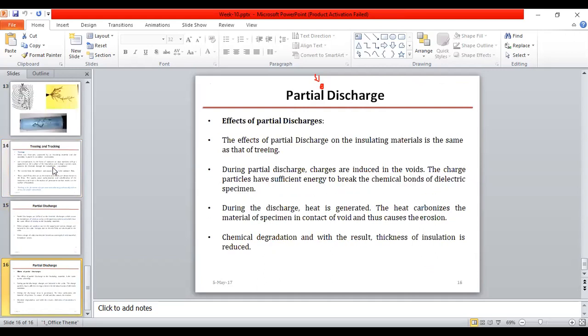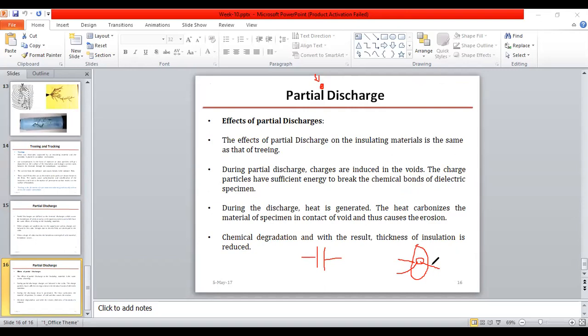The equivalent circuit for partial discharge can be represented by capacitors. This capacitor actually shows a void. For example, this is an insulator, and if we have a void, this portion shows one plate and this shows another plate.